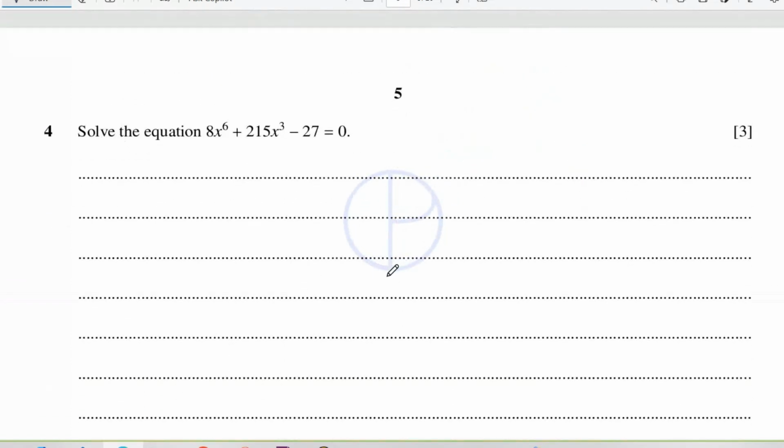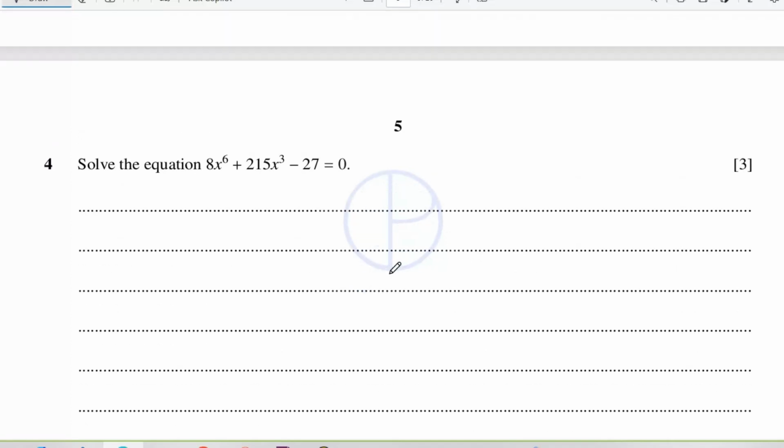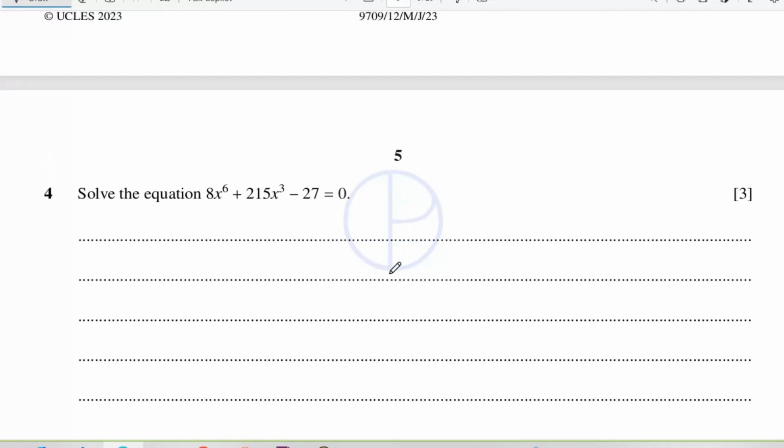Next, question number 4. Solve the equation 8x power 6 plus 215x cube minus 27 equal to 0. To solve this question, let's use the substitution. So t is equal to x cube.